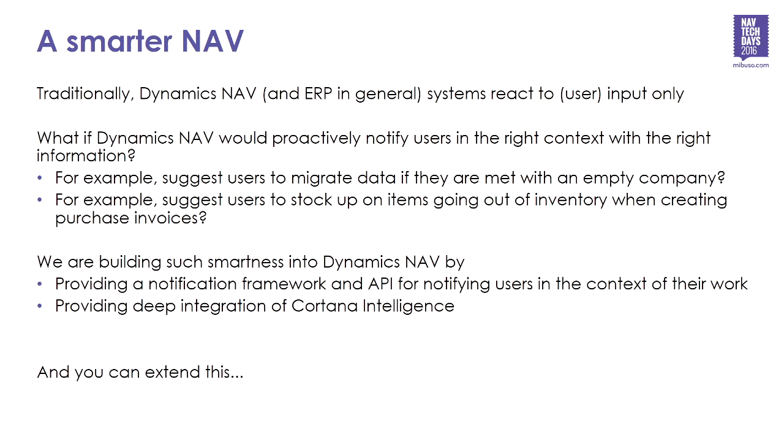So I need a cash flow forecast, I need to update various worksheets, I need to press a button, I need to go into another worksheet, I need to read out a chart and so on. But what if Dynamics NAV could instead be proactive, so instead of just reacting to what users do, also notify users, give users the right information in the right context.